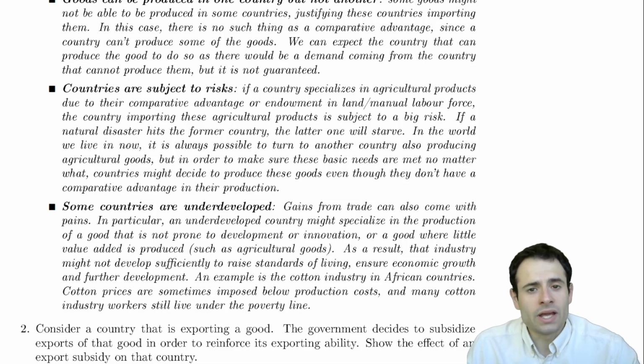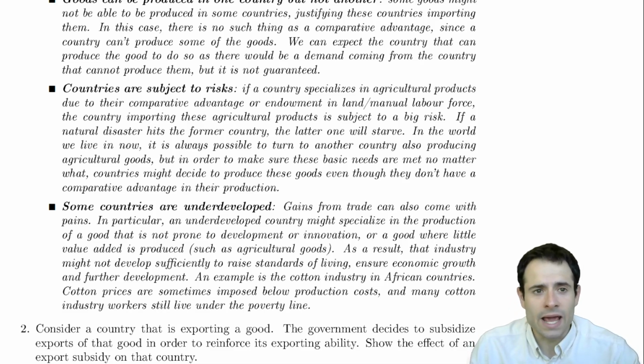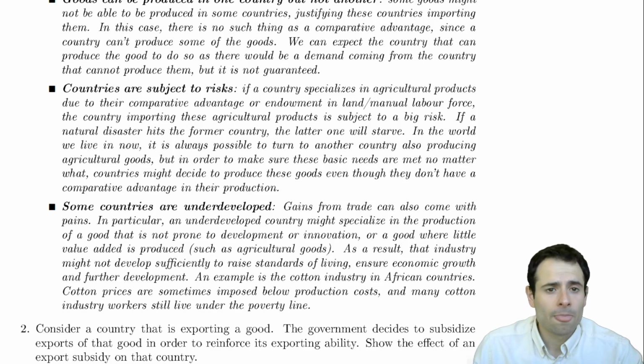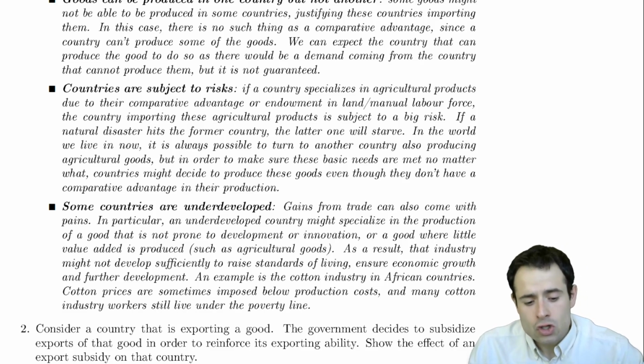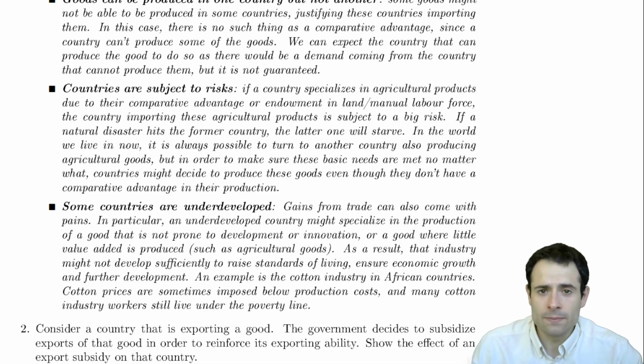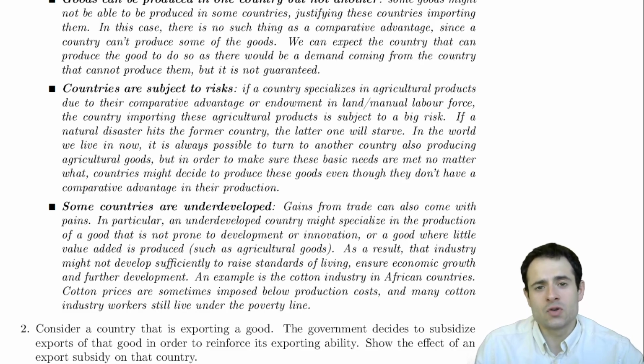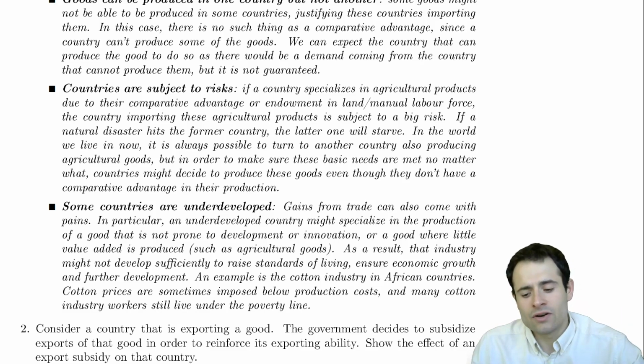Some countries, I'm thinking about the four Asian dragons in the 80s, 90s. Those were China, Taiwan, Hong Kong, Singapore. They knew a huge development with huge growth rates because they went from industries with little value added, like textile industry, and as they developed, they invested in other industries that have higher value added.